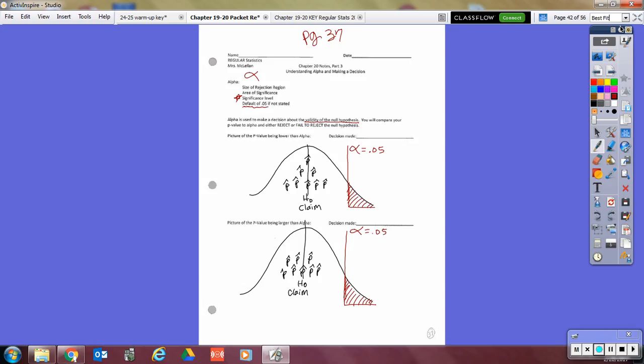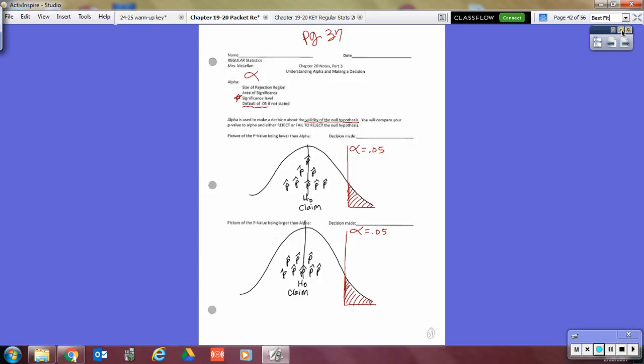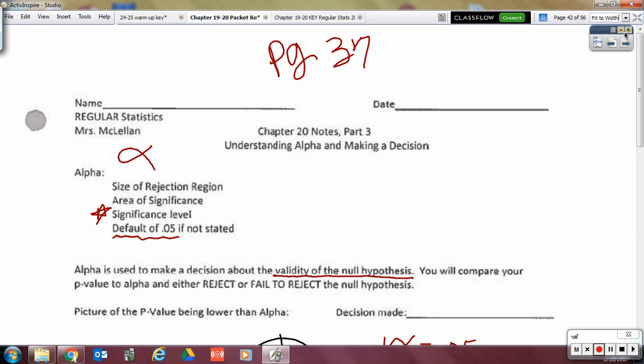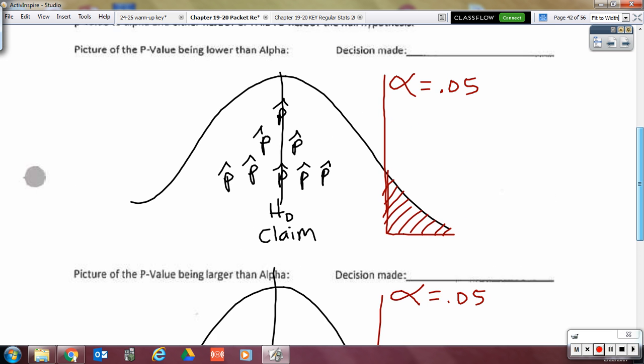Okay, so now let's put our sample that we get and then the p-value. What is the p-value? The p-value is the probability of getting our sample or something more extreme if the null is true.